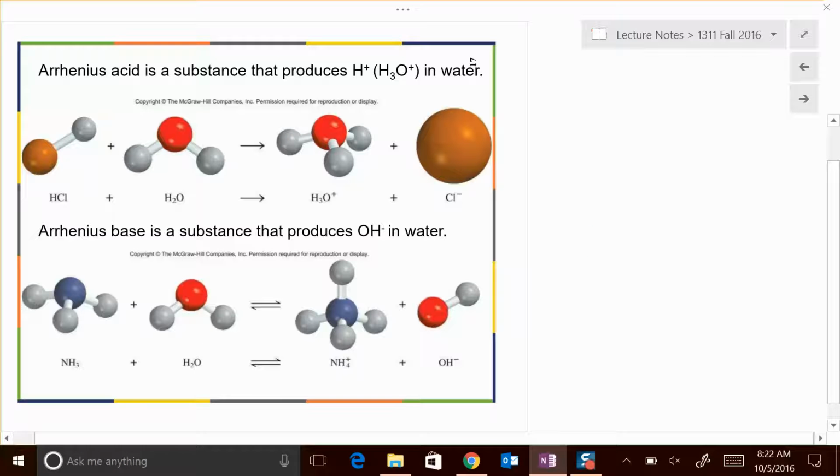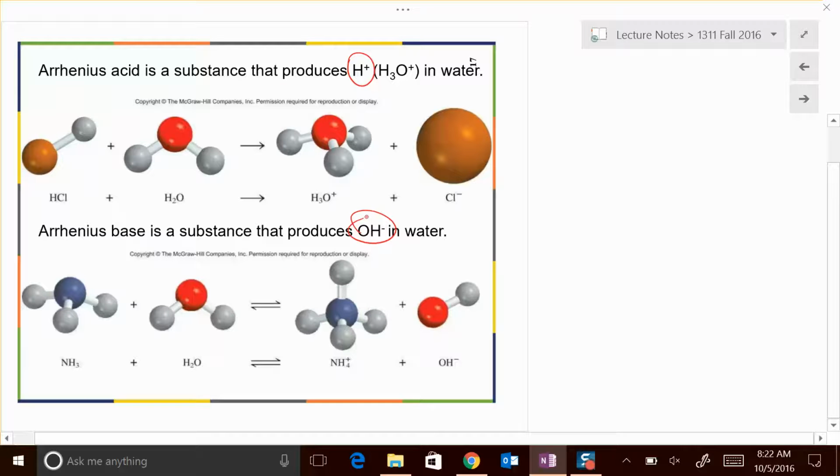So the first definition that we have here for an acid and a base is the Arrhenius definition. Basically, Arrhenius defined an acid as something that produces H plus in solution in water. If it's an acid, it will produce this H plus. If it's a base, it produces OH minus in solution.